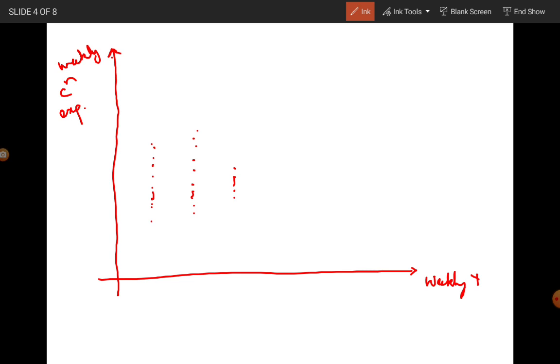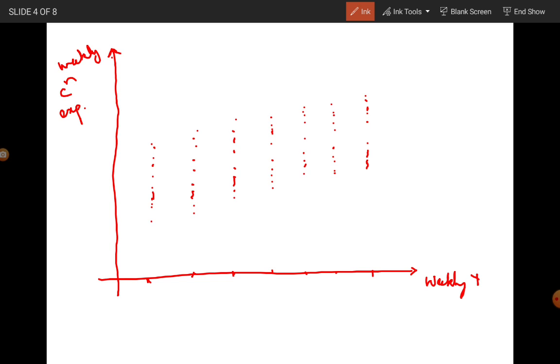I'm just drawing this freehand. So it was something like this. Here the red dots represent the entire population. So we had around 10 to 12 X values, and corresponding to these X values we had different families having different income levels, and corresponding to these income levels there were more than one or two families, and each family's consumption expenditure was plotted.